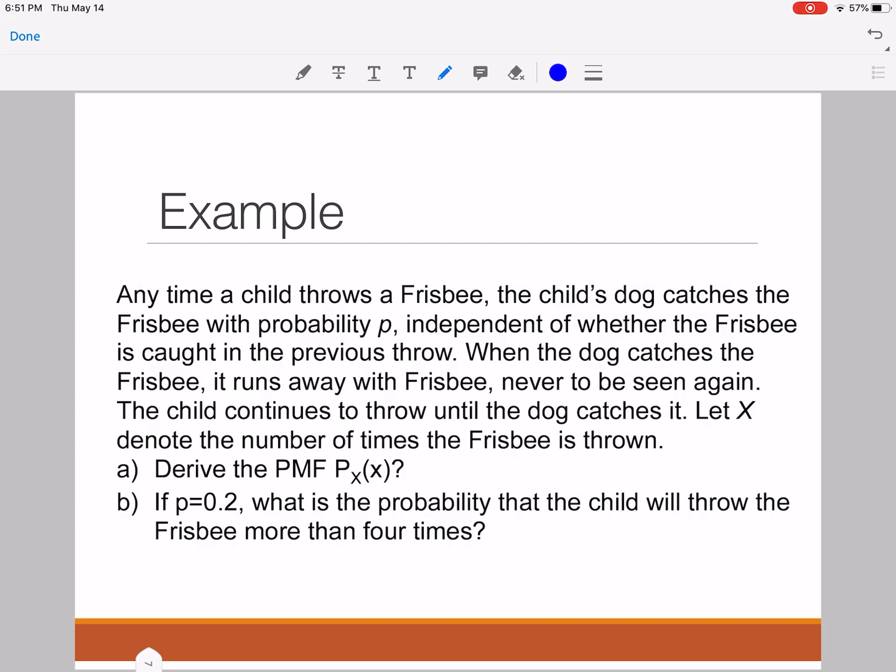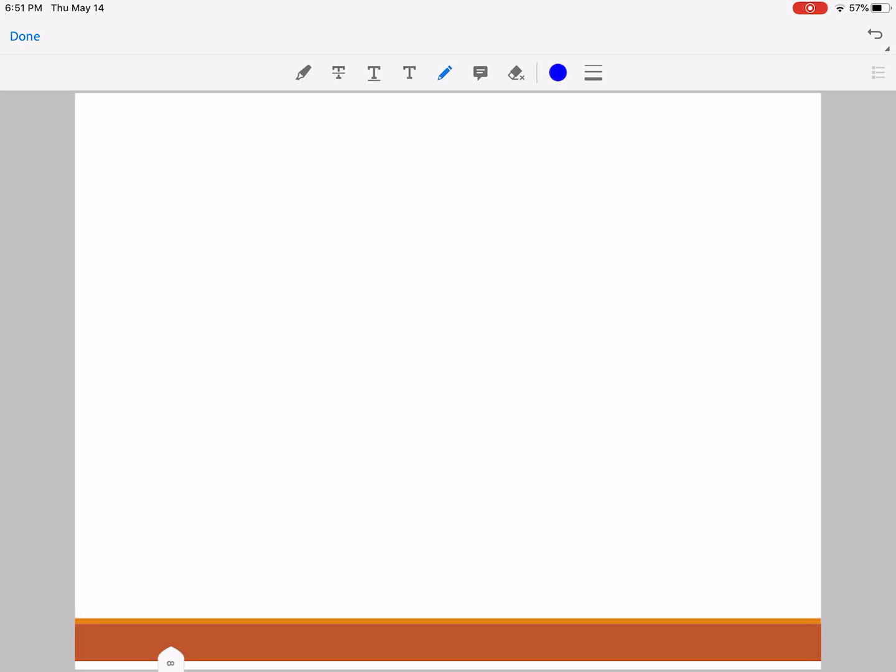Okay, I hope you got the chance to look into this problem. Now, carefully observe what x is. X is a random variable which denotes the number of times the frisbee is thrown until the dog catches it.